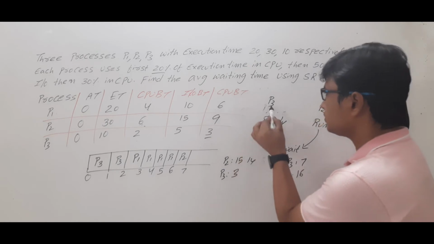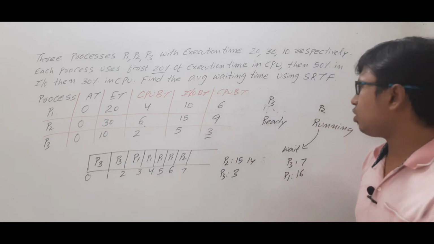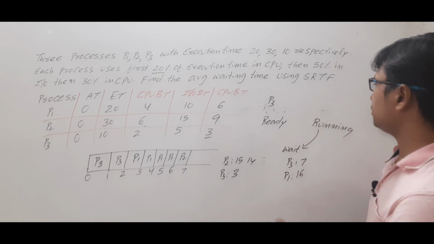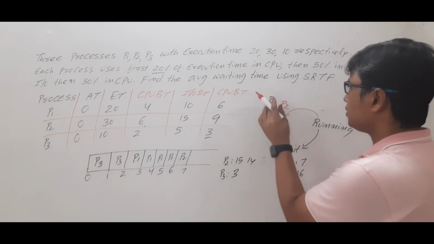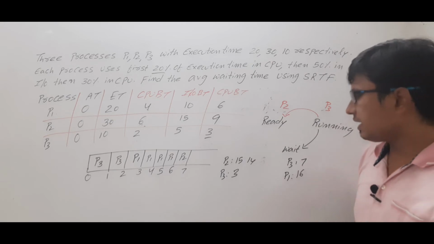Now the process in the ready state has a less burst time, so we have to do the context switching. The meaning is that process P2 will be sent to the ready state, and process P3 will be dispatched to the running state.